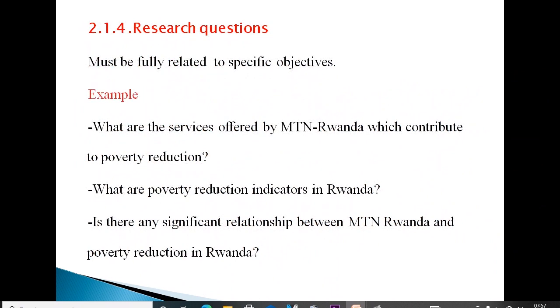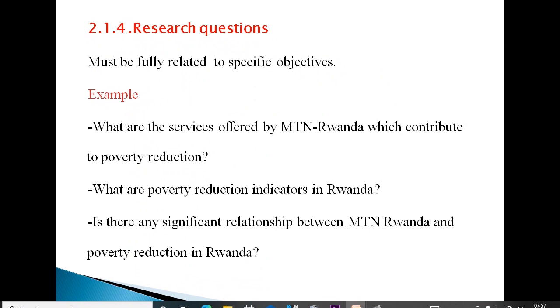Research questions is also the next subtopic that the researcher must present in his general introduction after the objectives. The research questions must be fully related to the specific objectives of your study.